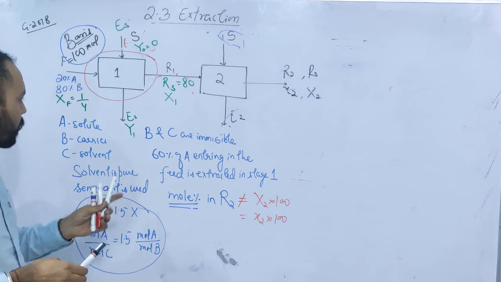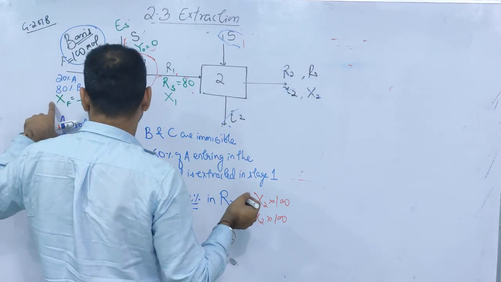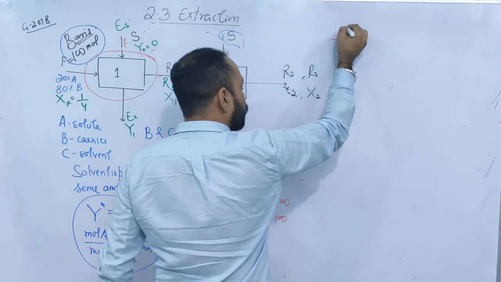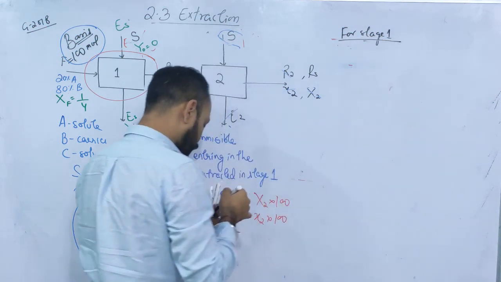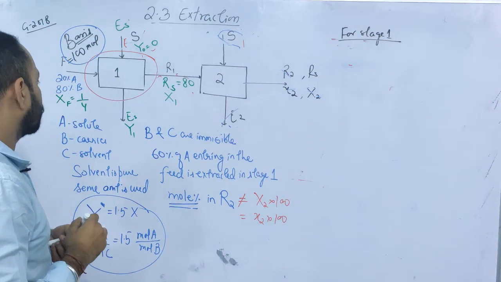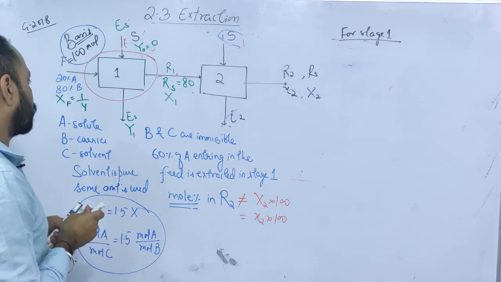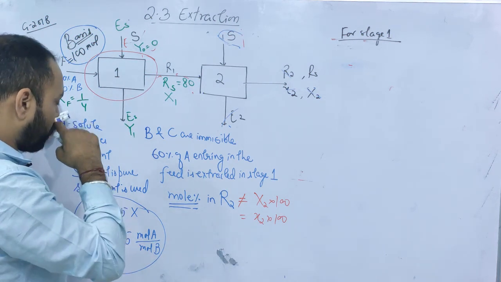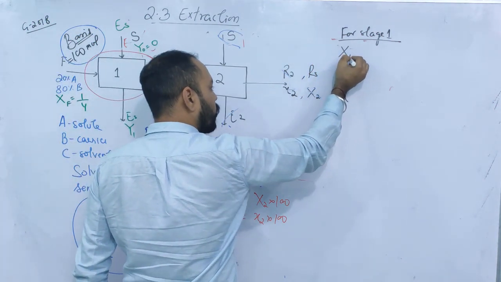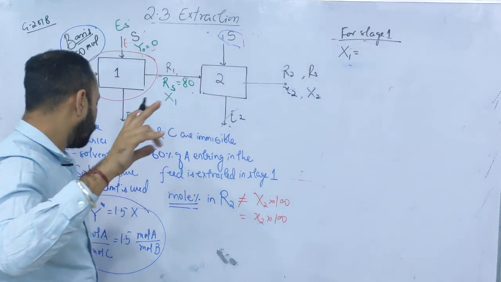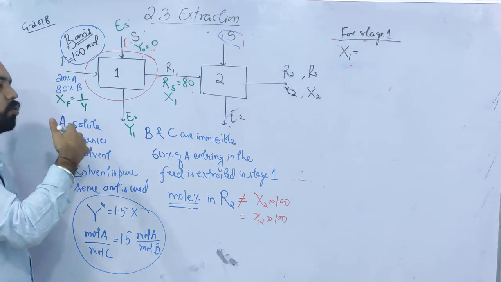So let me first write the balance on stage 1, which says for stage 1, X1 is equal to, because see, 60% of the solute present initially is removed.